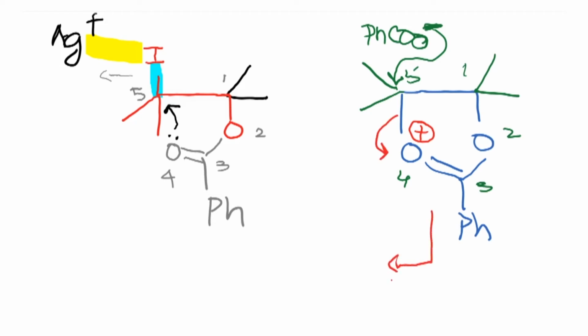Okay, so I'm just going to draw out this structure over here so that you guys understand the stereochemical aspect of it clearly. So I'm just going to make a little bit of space so that it's easy for us to follow.